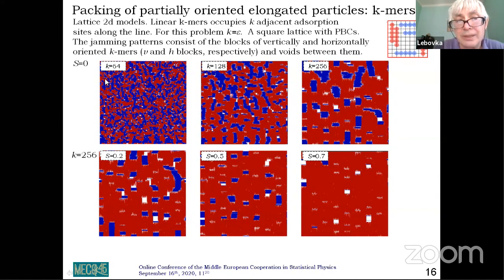For the square lattice, I represent here different packing configurations for the disordered system. You see that for the disordered system, we also observed the formation of stacks. And for example, for large particles, we have also influence of the order parameter on the packing.